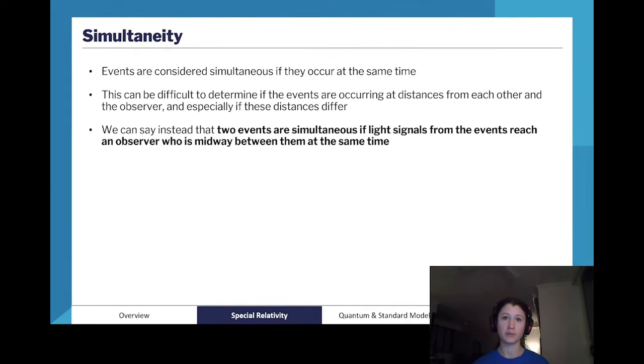This can be difficult to determine if the events are occurring at distances from each other and the observer, especially if these distances differ. So, we can say instead that two events are simultaneous if light signals from the events reach an observer who is midway between them at the same time. So this is our definition of when two events are simultaneous.